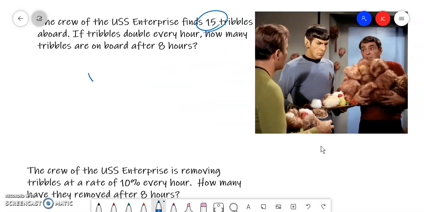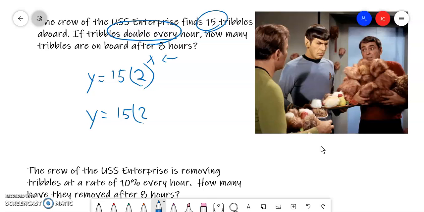So y is equal to, our initial population was 15. Our growth rate was, it says double every hour. So if we want something to double, we have to multiply it by 2. So we'll say 2 to the x power. And then our x is equal to 8, so we'll say 2 to the 8th power.